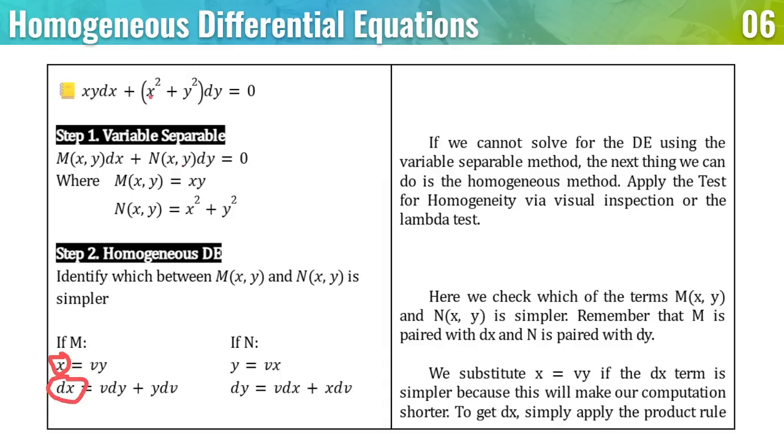So where is it easier to substitute something that is two terms? Is it here or is it here? So it's easier here because substituting it here will make it need the product rule, and that will get long. So essentially, the gist of this is you set x as vy and then dx equals vy with the product rule applied.